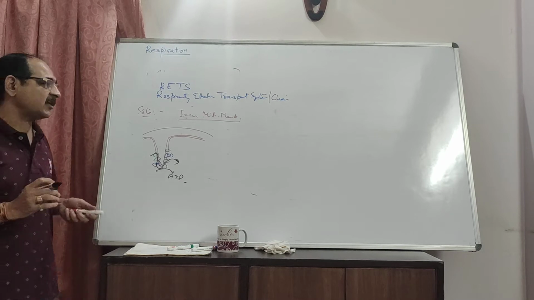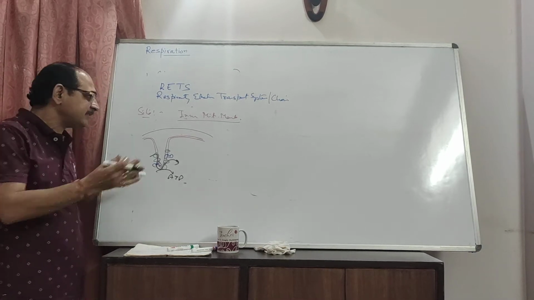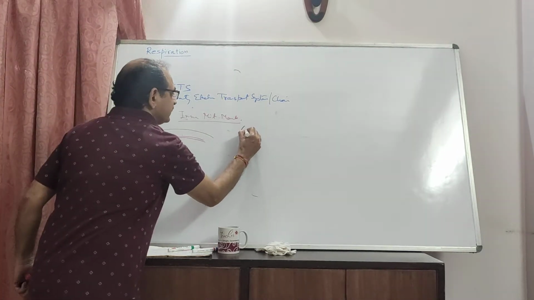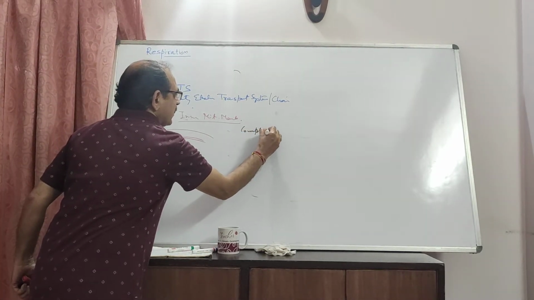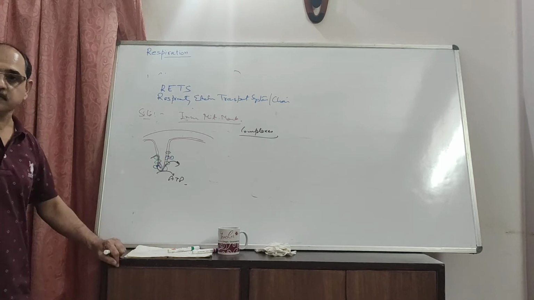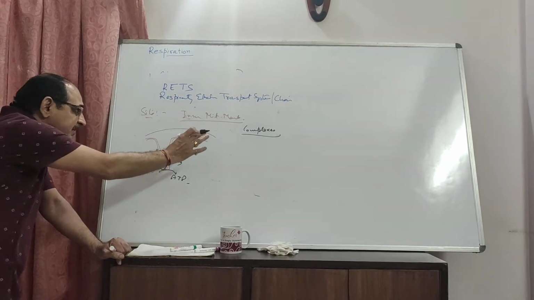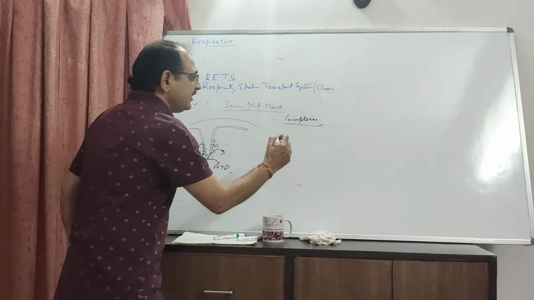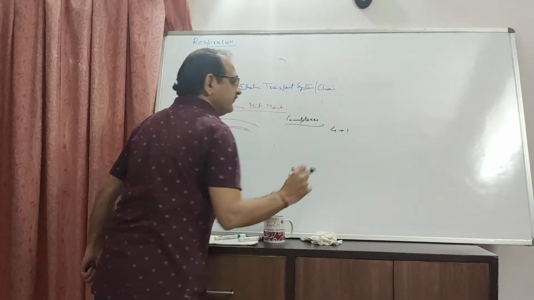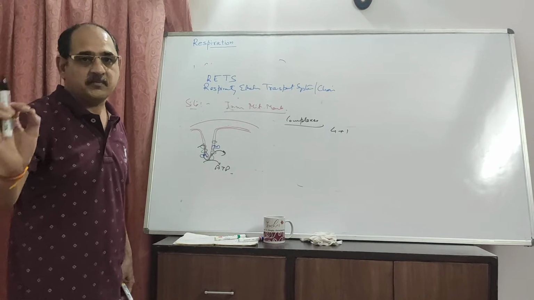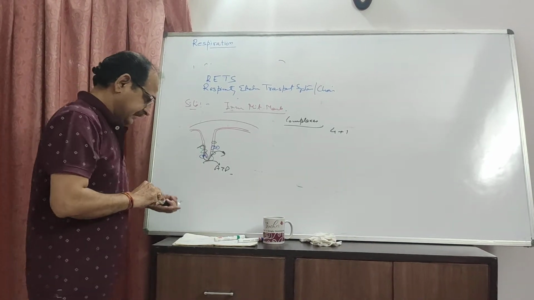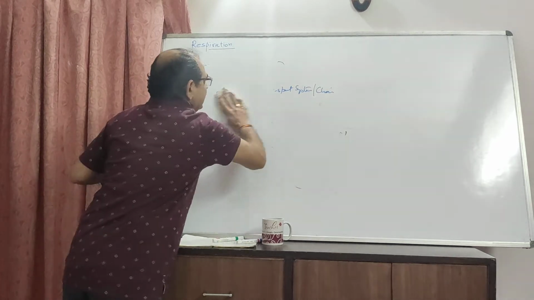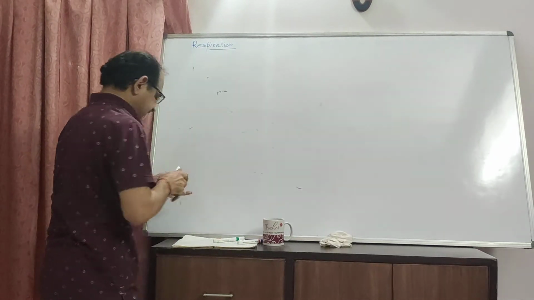Okay, so how many of these are complexes? What are their names? What are their components? Let us discuss in detail the complexes of respiratory electron transport chain, that is the complexes which are found in the inner mitochondrial membrane. There are a total of 4 main plus 1 more, 5 complexes, and these complexes are named like this.